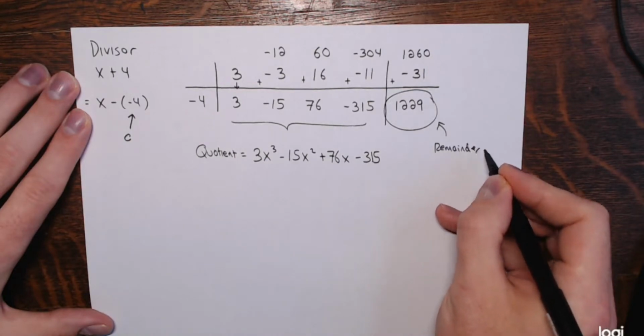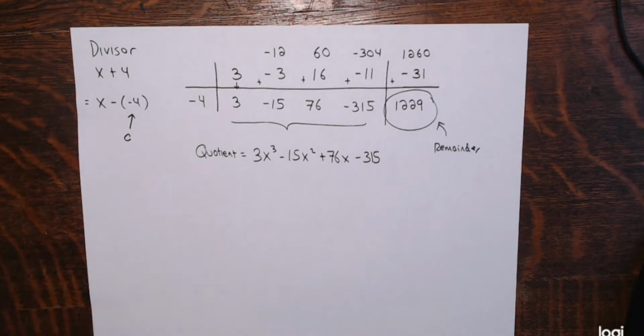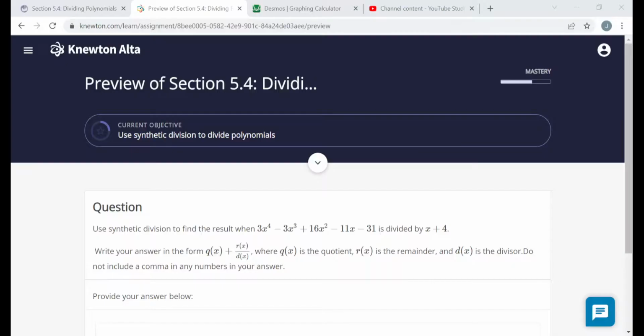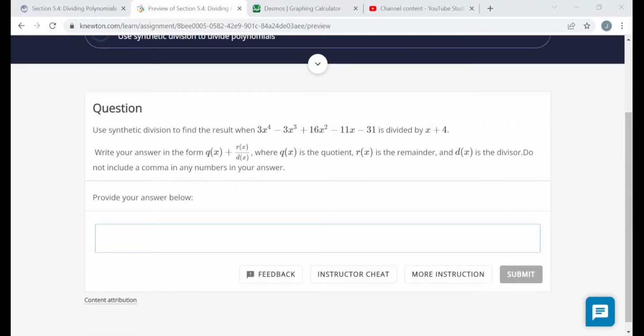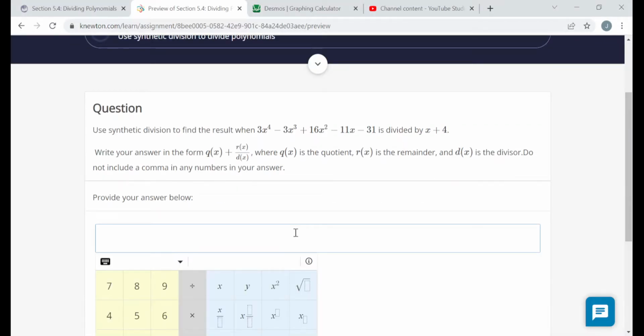And again, they wish for us to put the result of the division in the way that you normally do, that quotient plus remainder over divisor. You can check it if you wish again: take the quotient, multiply by the divisor, add the remainder, and see if you get the dividend back, but I'm not going to do that.